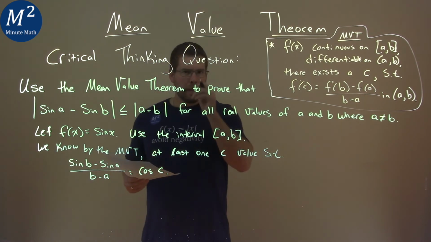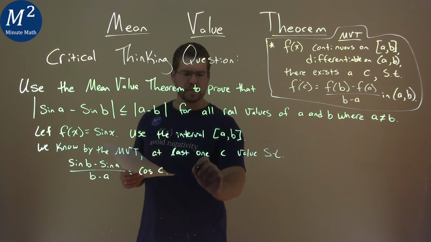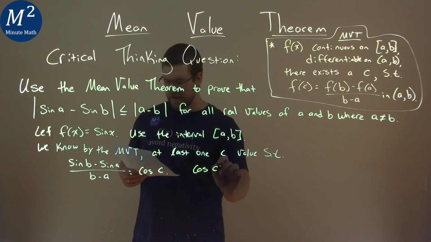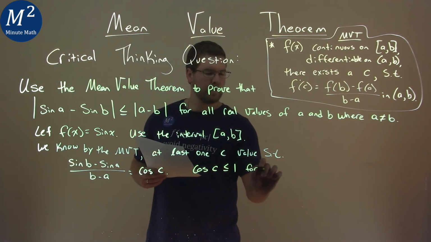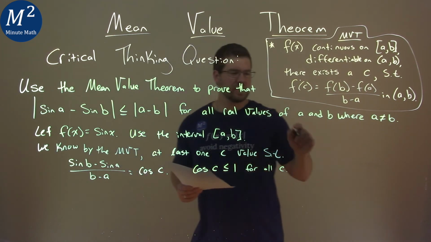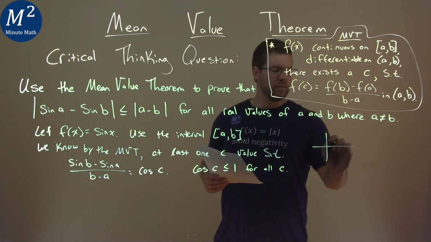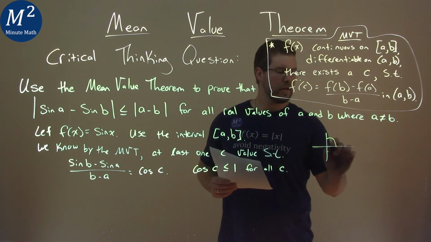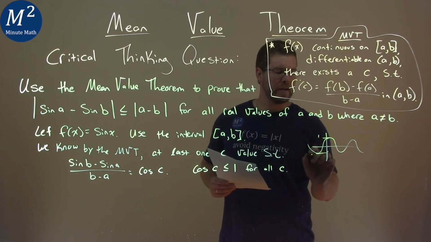Well, what do we know about the cosine of c? We know the cosine of c has to be less than or equal to 1 for all c. We know that because remember how cosine oscillates? It does a wave like that, and it's between 1 and -1.